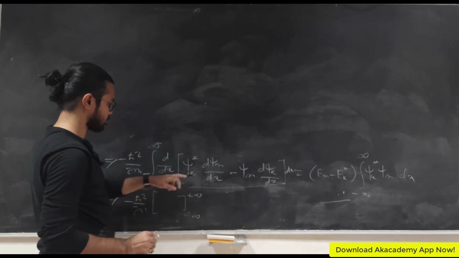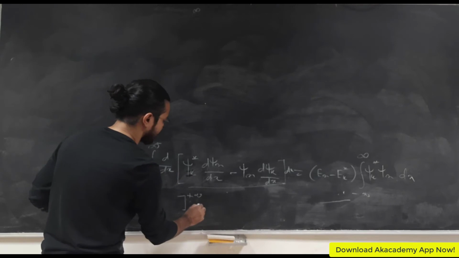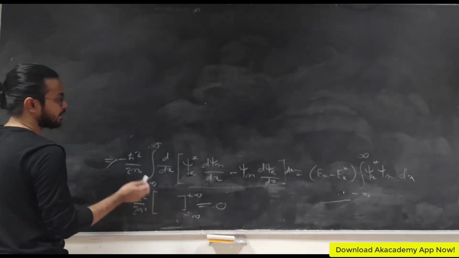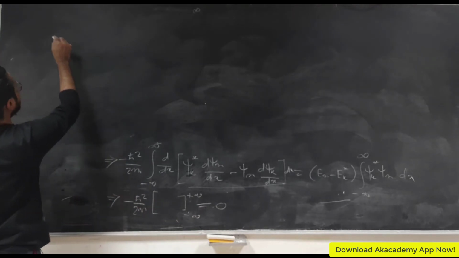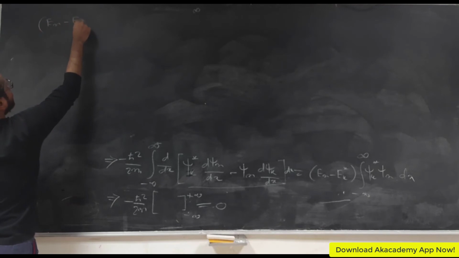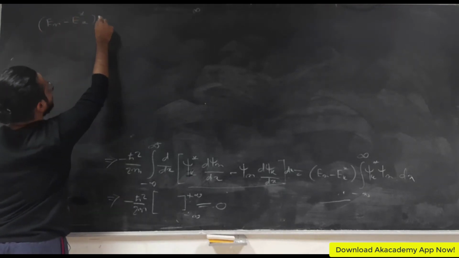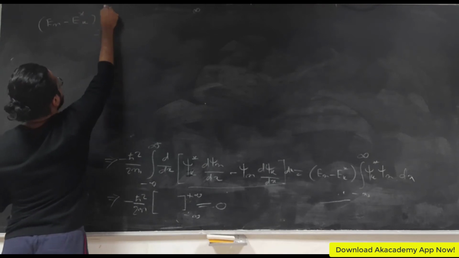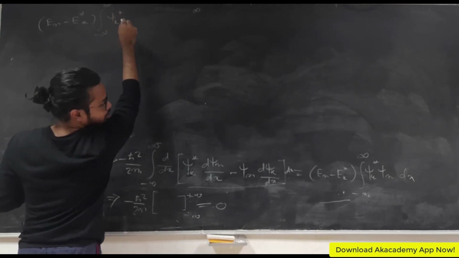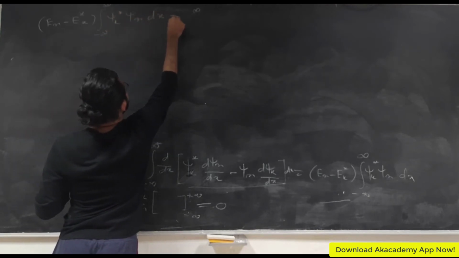Now this psi is 0 at infinities, so the left hand side is equal to 0, and we end up with en minus ek star, integration minus infinity to plus infinity psi k star psi n dx equal to 0.